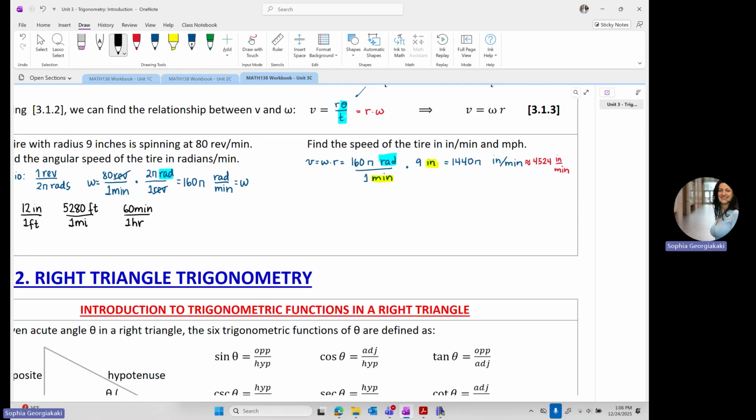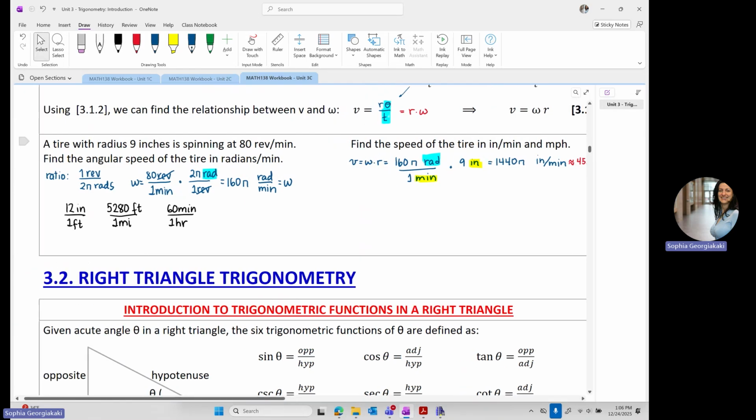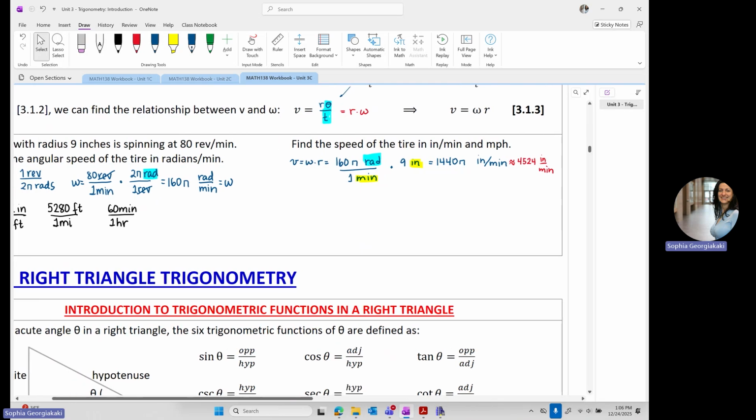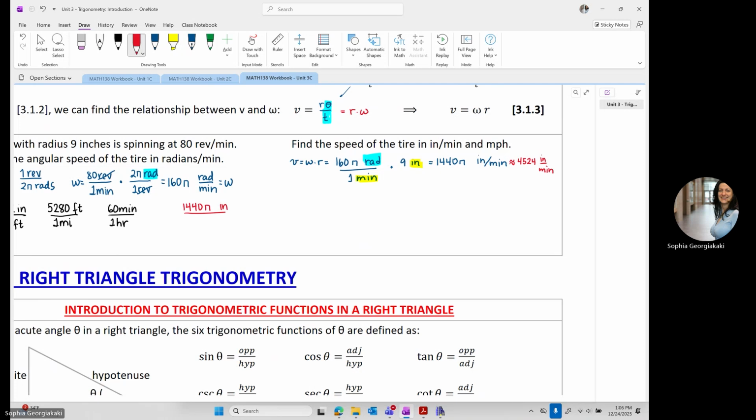I'm going to use these conversion ratios to do dimensional analysis and convert inches per minute to miles per hour. So the way I'm going to do that is I'm going to start with 1440 pi inches in 1 minute. And I want to get rid of inches in the numerator and minutes in the denominator.